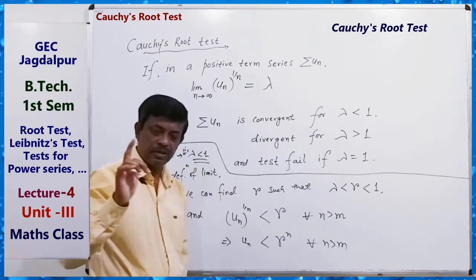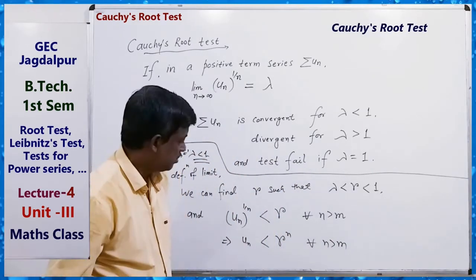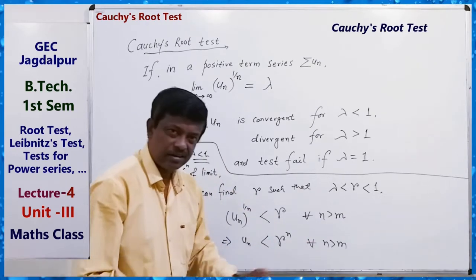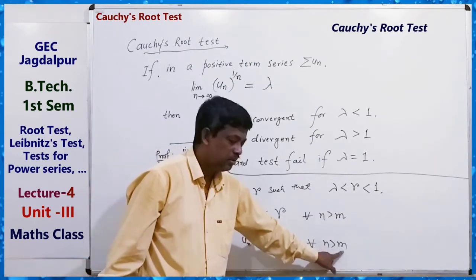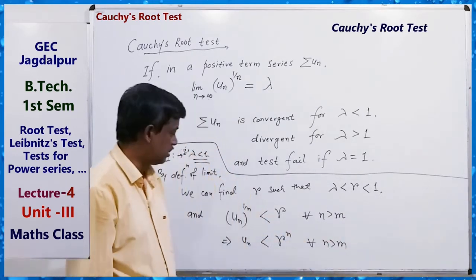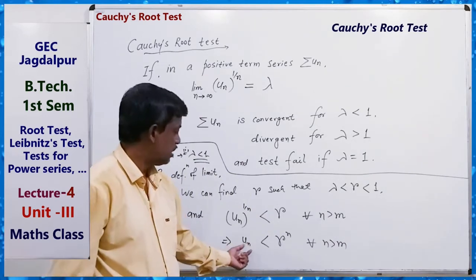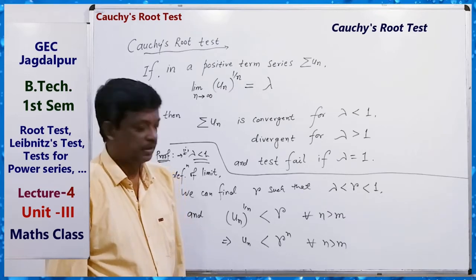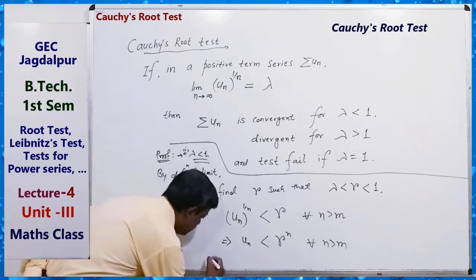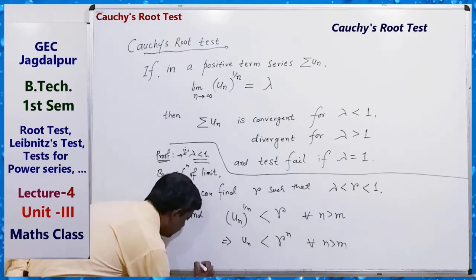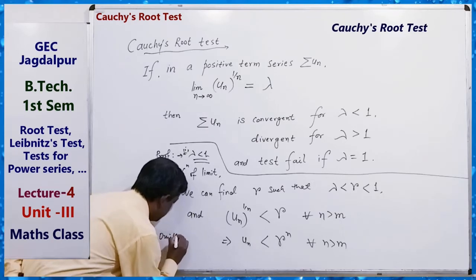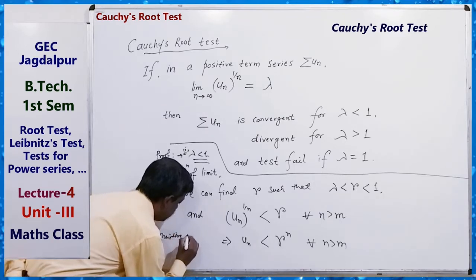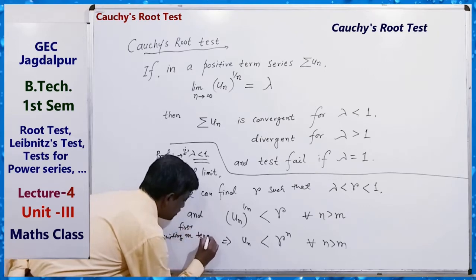Now if we omit or leave the first m terms, then un is less than R to the power n for all n.